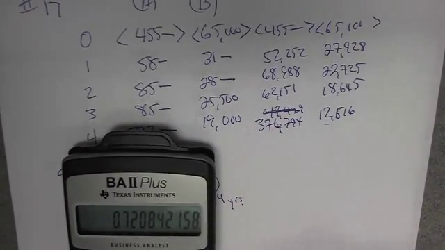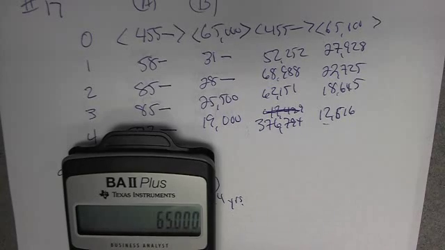We start with 65,000 as initial investment. We subtract out the 27,928. We subtract out the 22,725. We subtract out the 18,645, and we get, I went too far. Let's start over. We start with 65,000. We subtract out the 27,928. That gives us 37,072. We subtract out the 22,725.